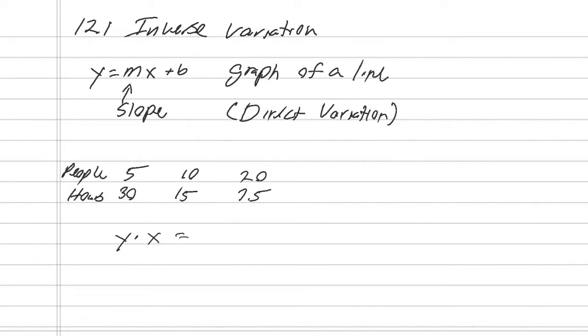We're going to call it k. We don't want to use m because slope was already used. K is referred to as a constant. I know that's not spelled right. I'm going to spell it with a k for a reason. Constant of variation.